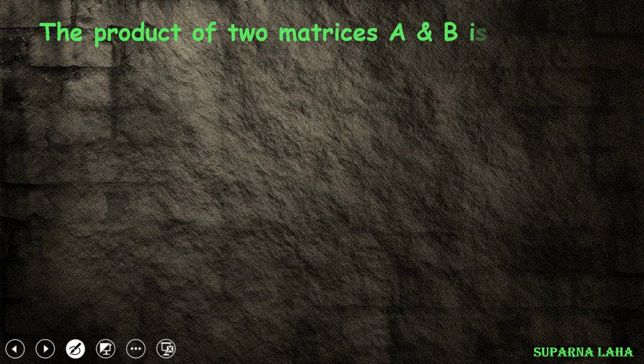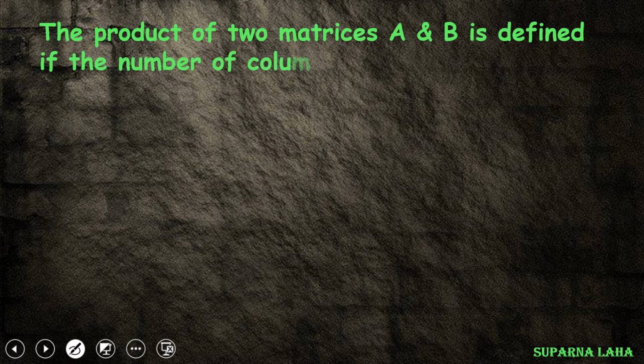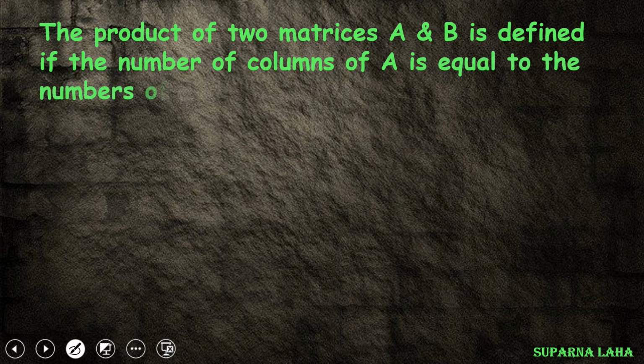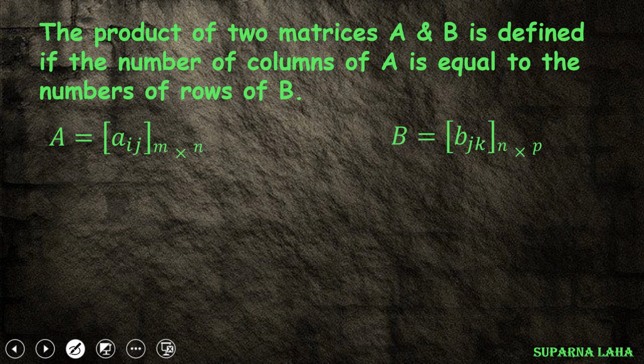In general you can take an m by n matrix, or any order you can take. The product is defined if the number of columns of A is equal to the number of rows of B. If these two numbers are equal, at that time we call the matrix multiplication defined. So let's take A as an m by n matrix and B as an n by p matrix.